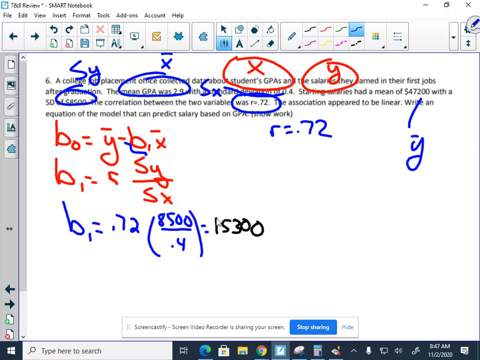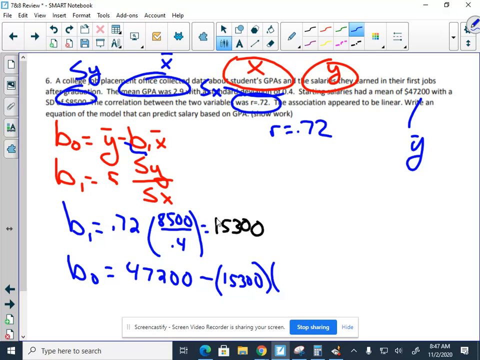So now we need B0. Remember, that's B0, not BO, because that would stink if it was BO. All right. So we have S of Y. No, we need Y bar. Y bar is 47,200. Subtract B1. Now remember, if B1 happens to be negative, that would be a negative negative. It would turn to a positive. It's just basic rules of algebra or arithmetic, really.